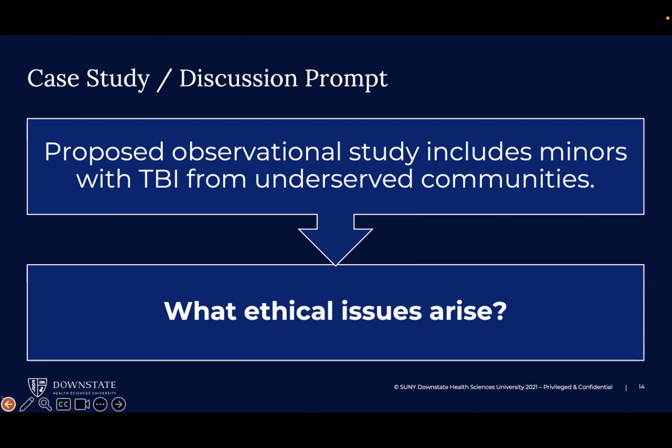So even though we absolutely are going to include the consent and assent, we also need to consider how this TBI is affecting this particular participant, in terms of their really being able to assent to this study.